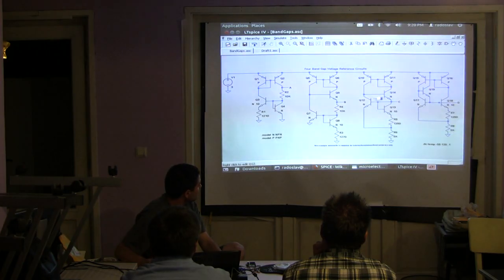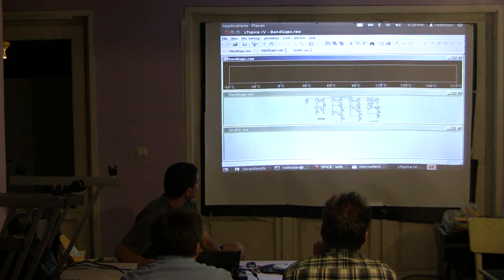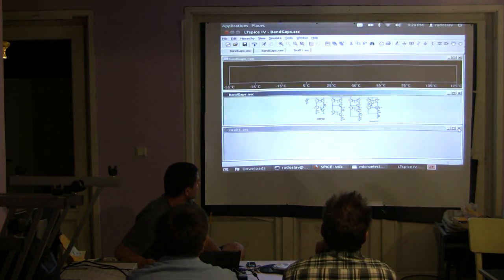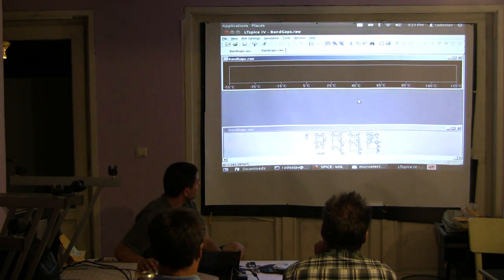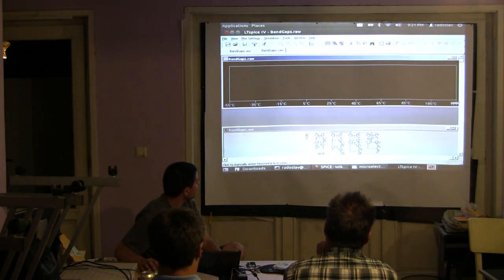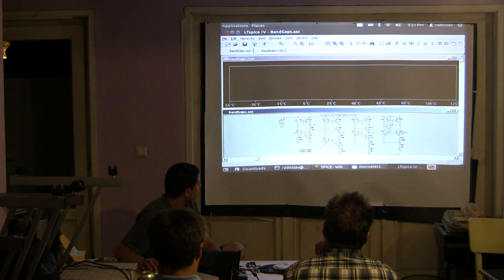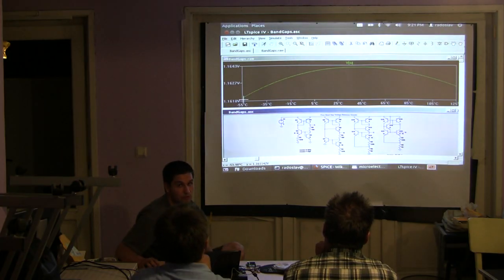The band gap is a very useful circuit, and as you can see, we can simulate the circuit from -55 to 125 degrees. For example, at this point, if I place a cursor here, I can see how this voltage is going to change when I'm changing the temperature.